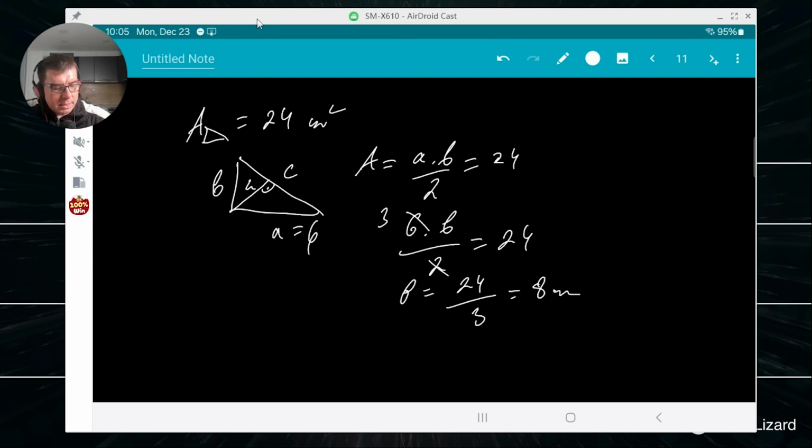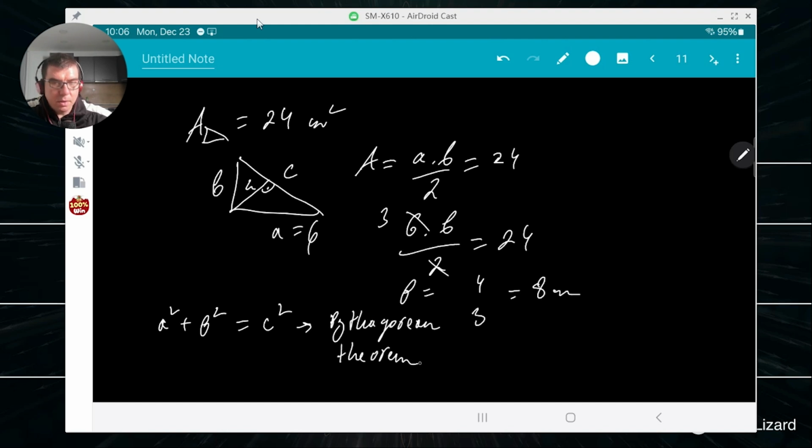It simply says that the sum of the squares of the two sides equals the square of the hypotenuse, or the famous a squared plus b squared equals c squared. This is called the Pythagorean theorem, of course named after the great Greek mathematician Pythagoras.